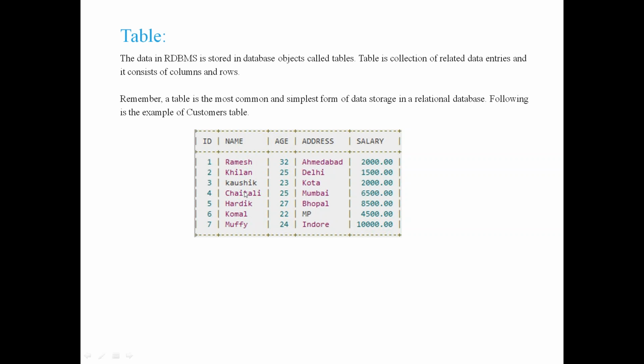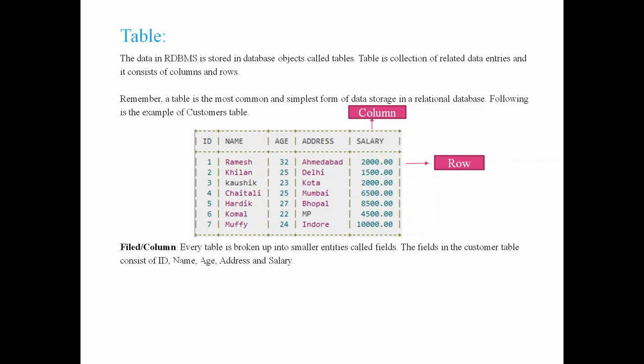So ID, name, age, address, salary are columns, and collectively the entire record of a person, Ramesh, with his age, address, salary, we call a row. The horizontal one we call a row, and the vertical one we call a column. It is very similar to your Excel document. This would be the columns, and this would be the row in the table.